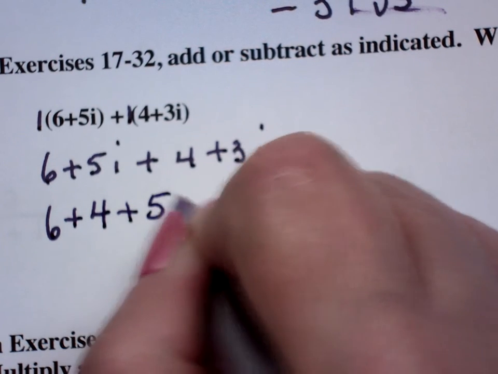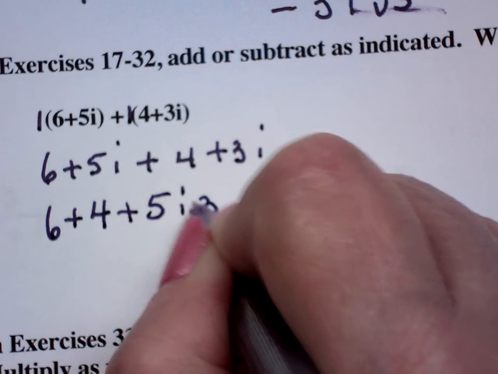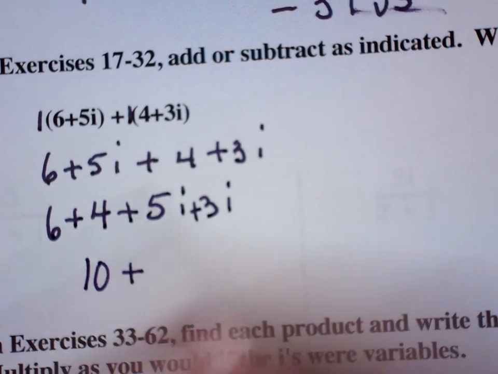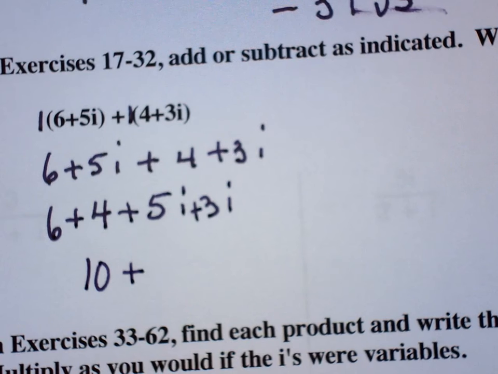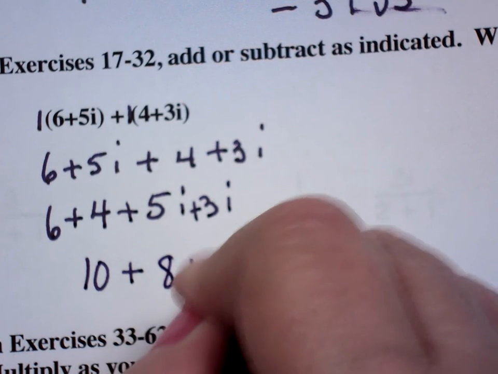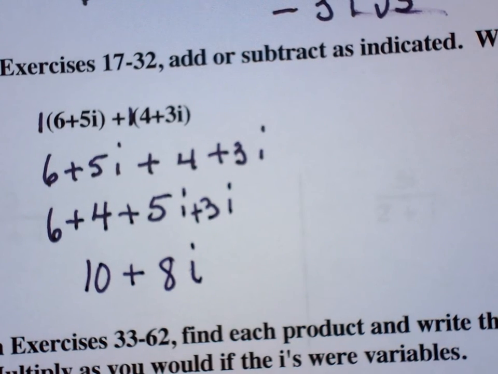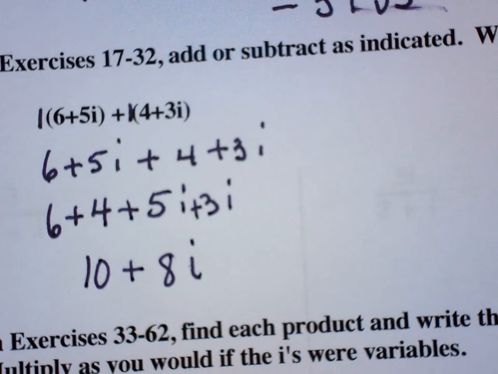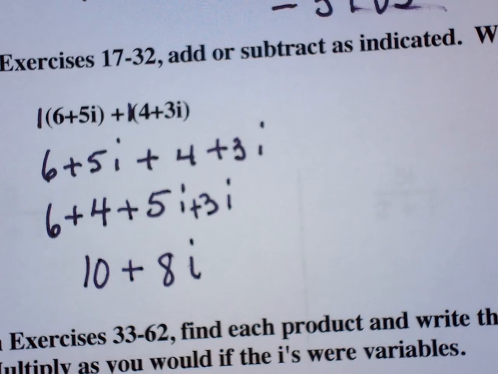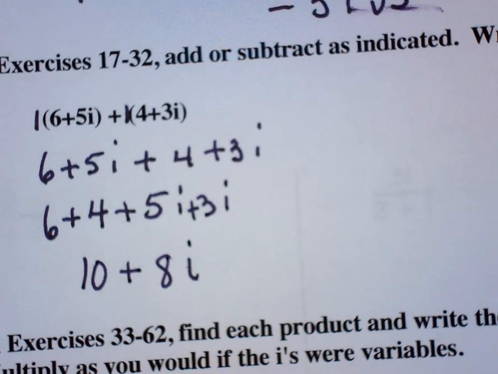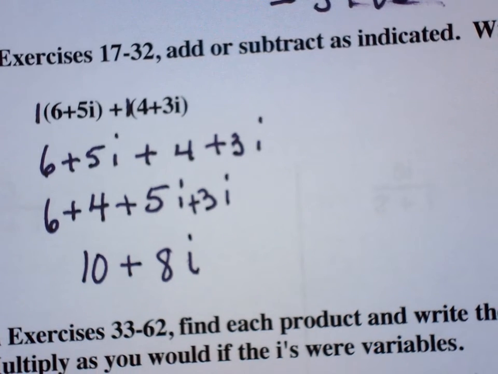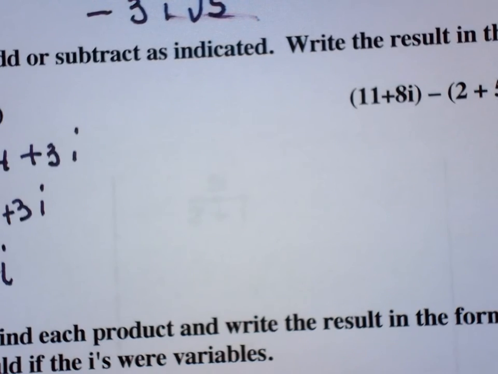You have a 5i and you have a 3i. So it's 10 plus 5i plus 3i is 8i. It's just like with x's or square roots or anything else. It's no different. And that's a plus bi form, a being the number and b being the part with the i. And b can be negative.